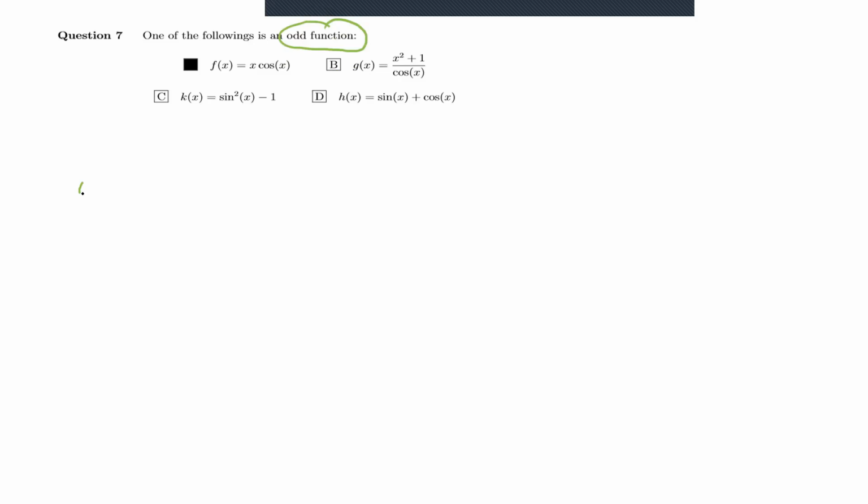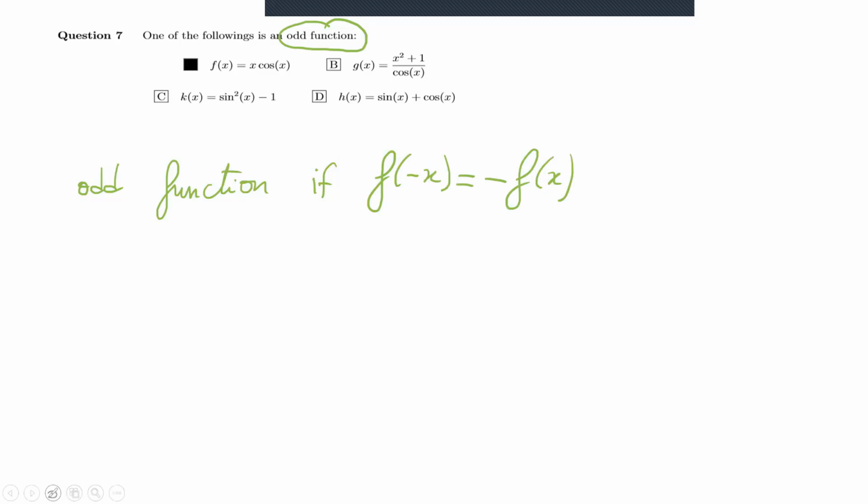A function is odd if f of minus x equals minus f of x. Here this minus is outside. This is the definition of an odd function. So here the correct answer is the first choice. Why?